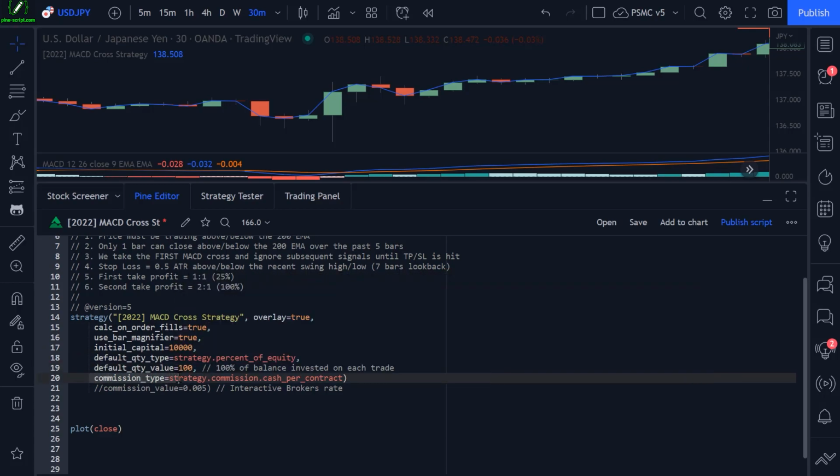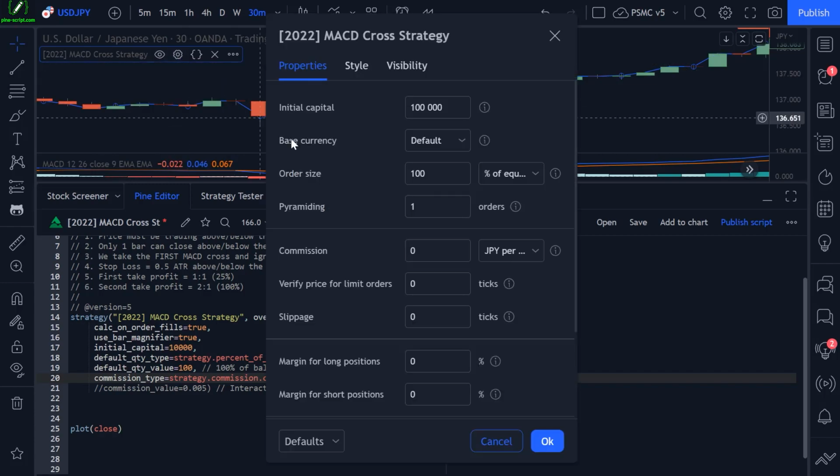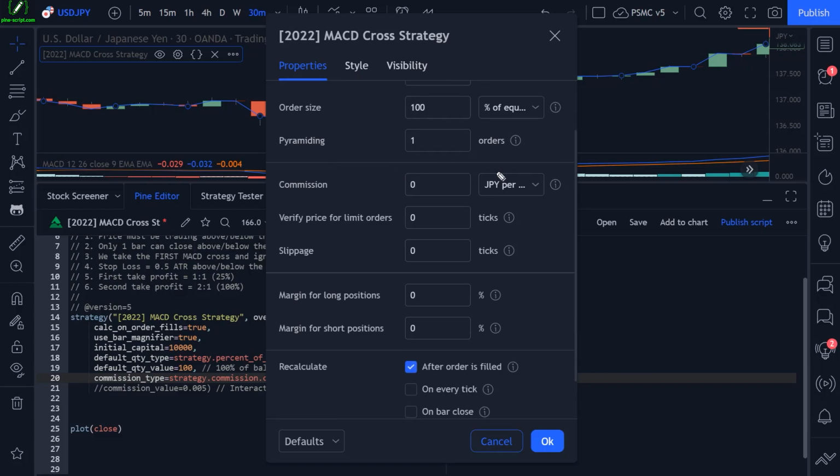And our commission type is going to be commission.cash per contract. Again, you need to set this up to however your broker handles commission costs. If you go to the properties tab of your system, your script interface, come down to commissions. It's a good idea to fill this out as accurately as you possibly can, which is difficult on TradingView because I don't know about you, but I don't trade in Japanese yen.